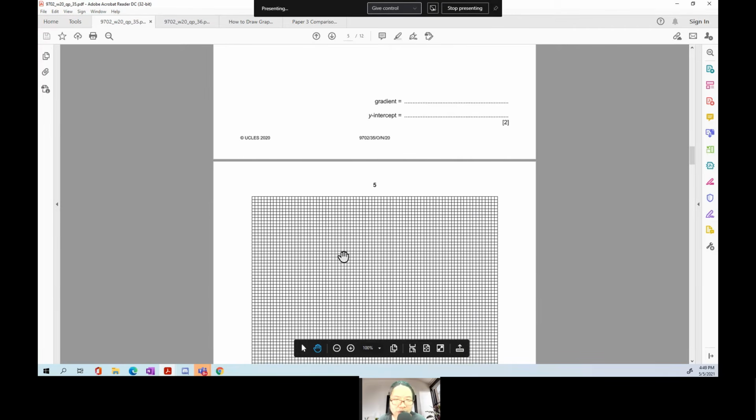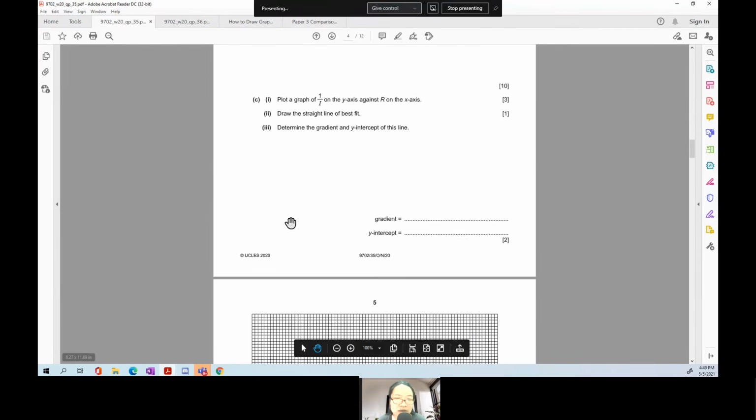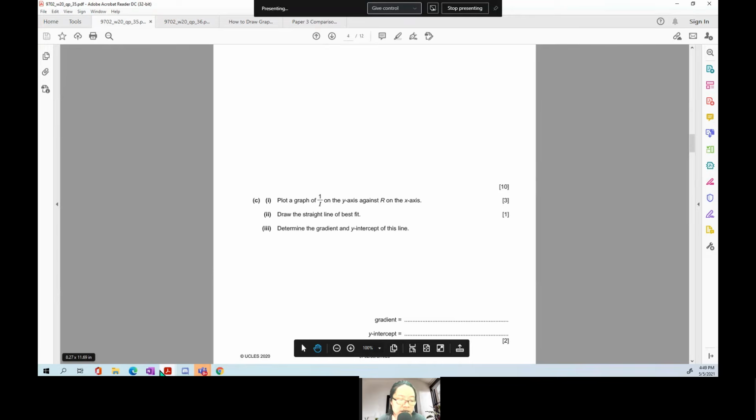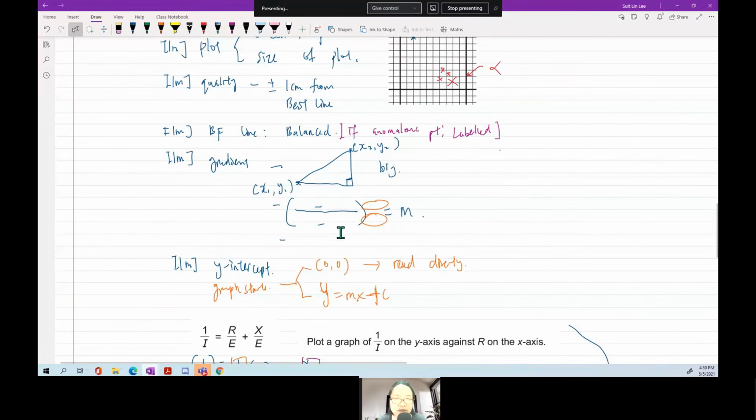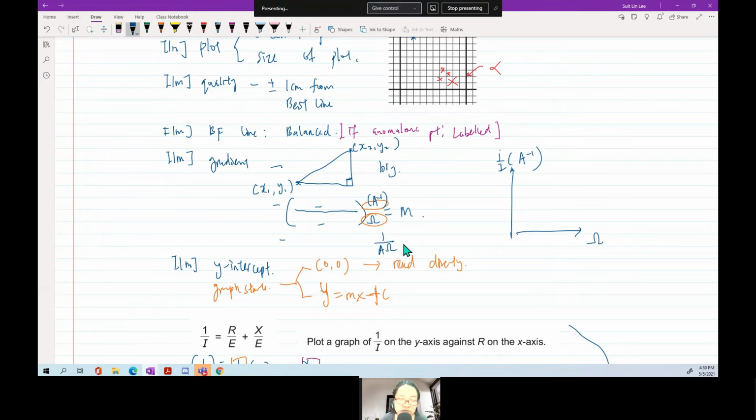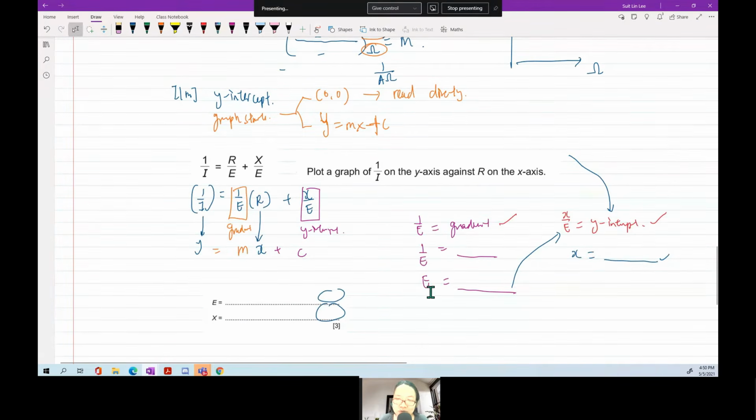All right, so if I want to find the SI unit for E, since I plot 1 over I against R, my gradient unit, this is 1 over I. So this unit is ampere negative 1. So I will put ampere negative 1 here. And then this is ohm. So I'll put ohm here. So if I divide, I will get 1 over ampere ohm. Okay, so my gradient unit is actually ampere ohm.